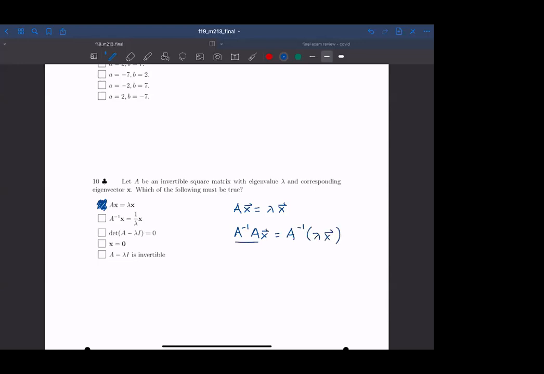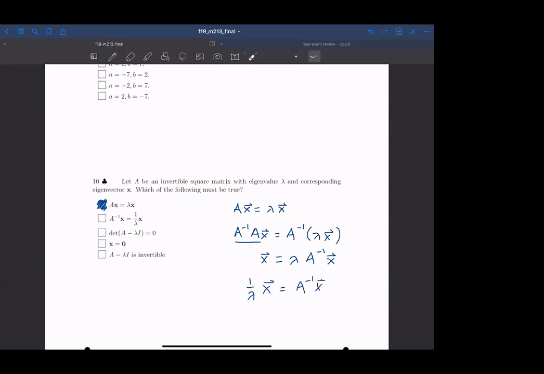And if we simplify what's here, we just get the identity matrix, so you just get x, and we can pull the lambda out. We get lambda A inverse x. And then because our matrix is invertible, we know that lambda can't be 0, so we can divide both sides by lambda, and we get this, okay?